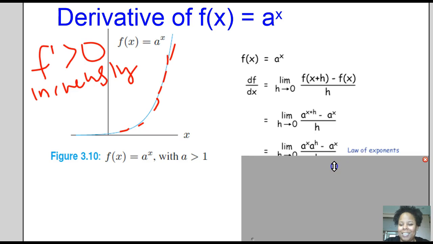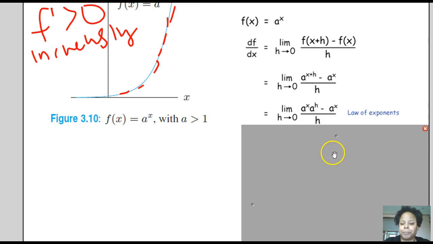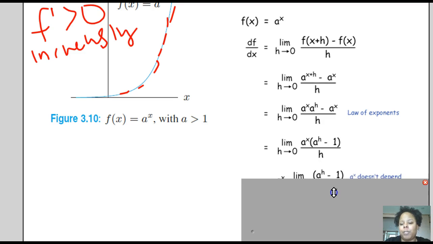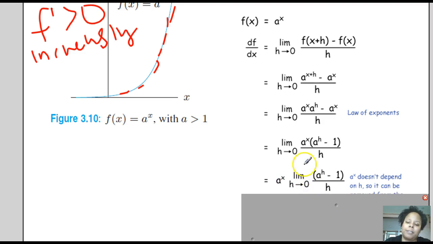When I use some law of exponent properties, I end up being able to factor out an a to the x of the limit. The reason I can factor out an a to the x is that h is changing for the limit, not x. A to the x is actually a constant value if we're trying to find the derivative of f at x.